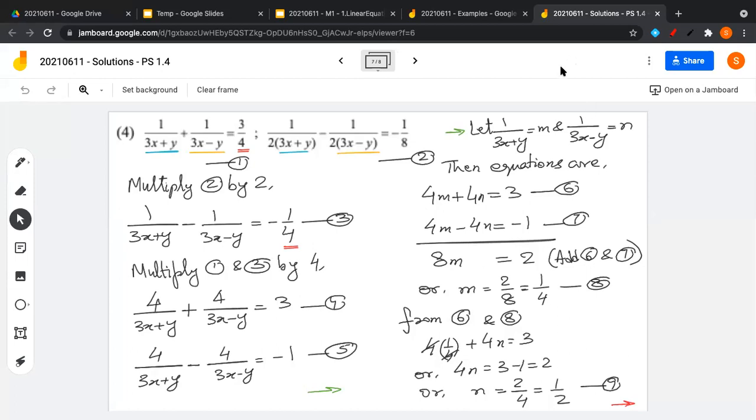Got 2 confirmations. Three, 4, 5, 6, 7, 8. Good.